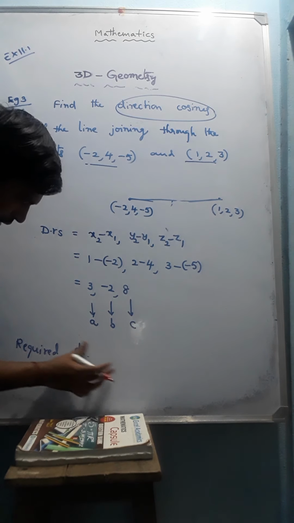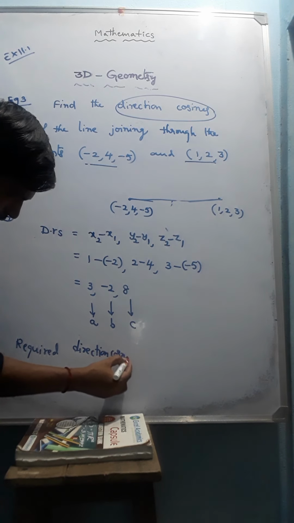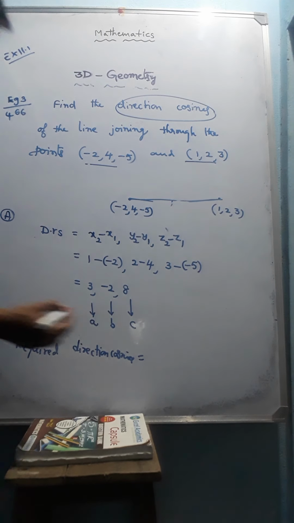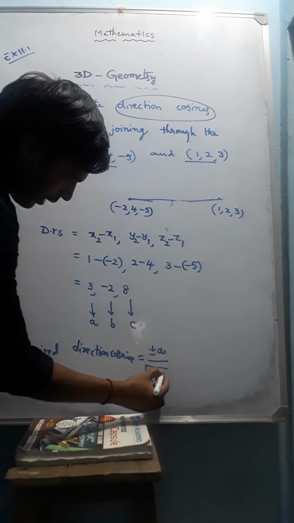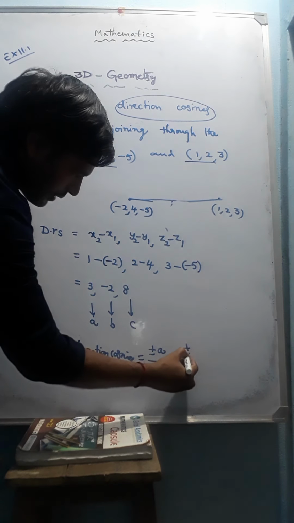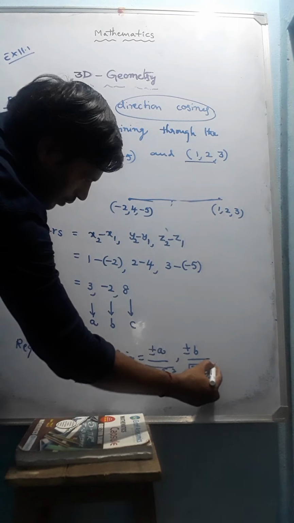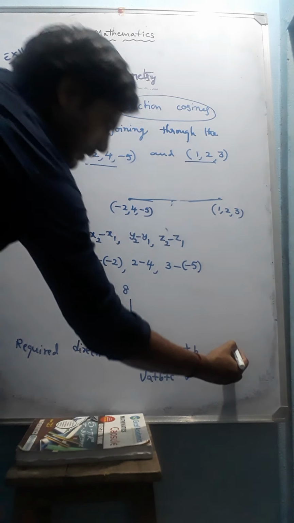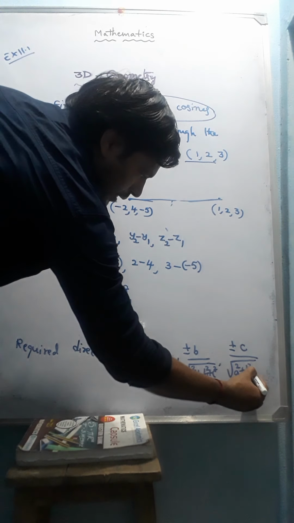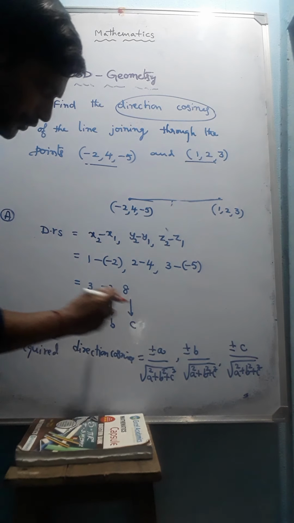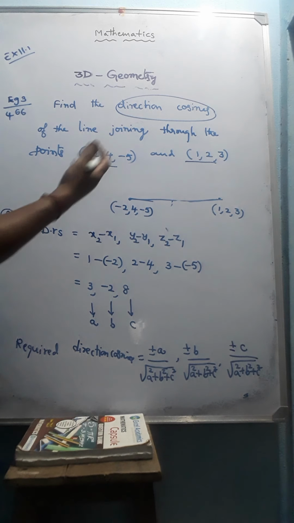Direction cosines is equal to plus or minus A by square root of A square plus B square plus C square, comma, plus or minus B by square root of A square plus B square plus C square, comma, plus or minus C by square root of A square plus B square plus C square. If you substitute A, B, C in the given formula, you will get the required direction cosines.